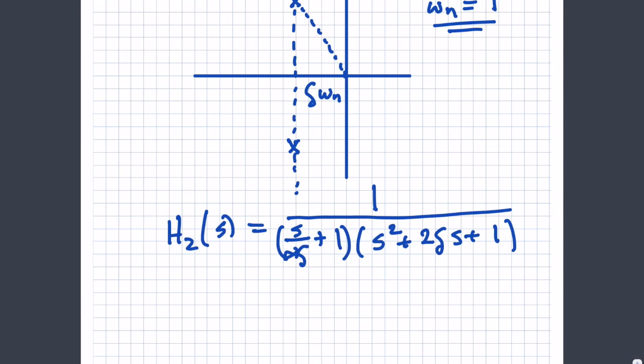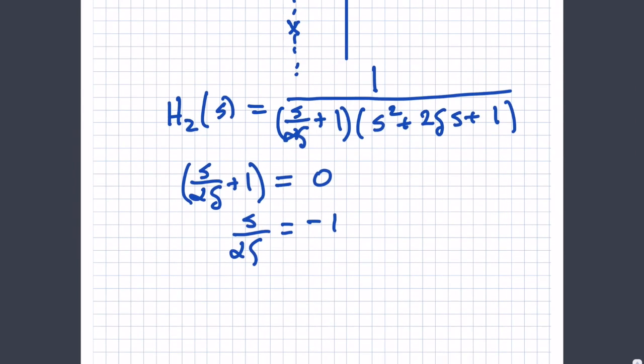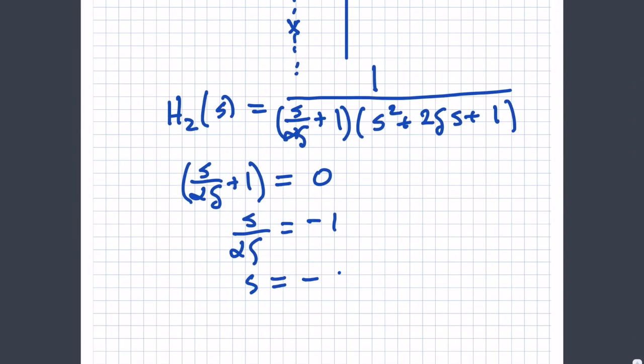That's a weird way of writing that, but let's see what that does. If I had s over alpha zeta plus 1, and I set that equal to 0 to find the pole location, that would mean that s over alpha zeta is equal to negative 1, and s is minus alpha zeta.